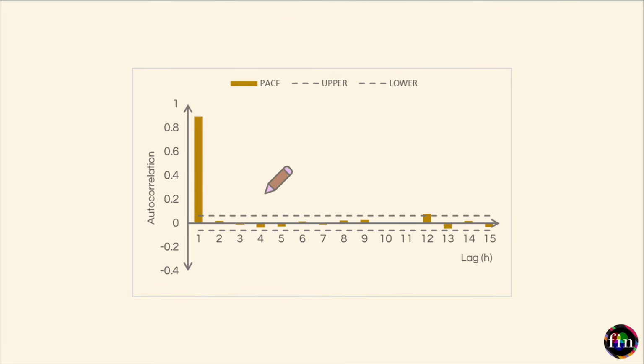In this case, the maximum significant lag is lag 1, and hence this plot is telling me that correlogram B is coming from an AR1 process.